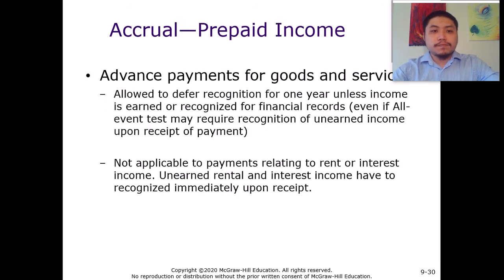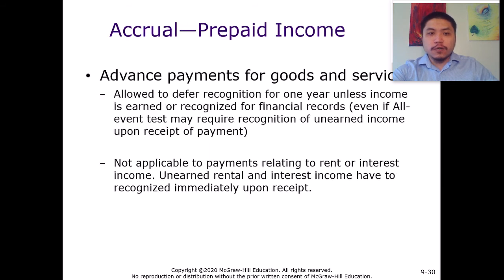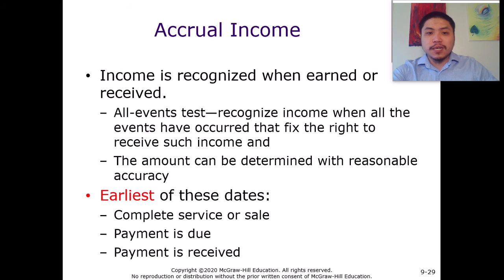So as we have just discussed, for advance payments for services or for goods, under the all-events test, the business owners have to recognize the business income on the date that they receive the payment.